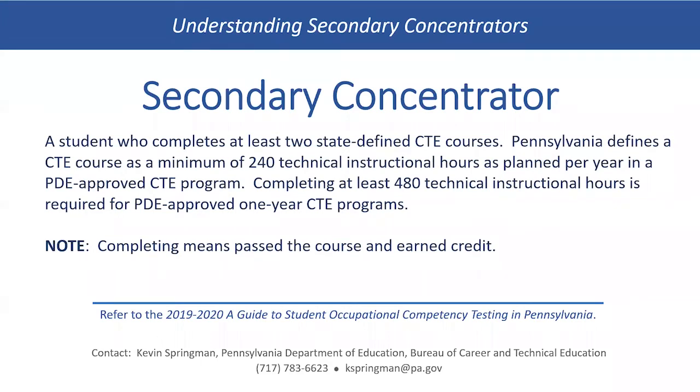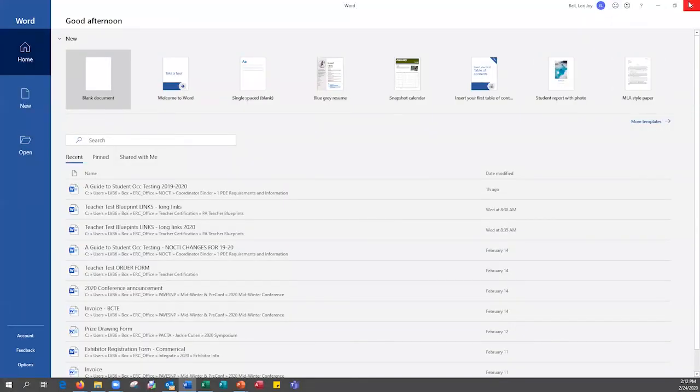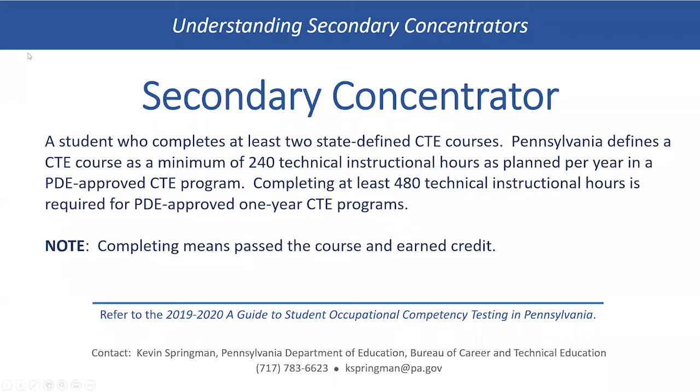The first one is the perennial issue of the completer definition. The completer definition stays the same. It's located in the Appendix P of Volume 2 of the PIMS manual for secondary schools.